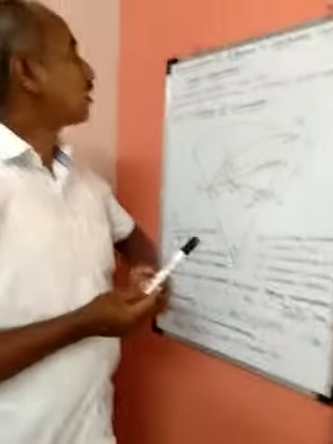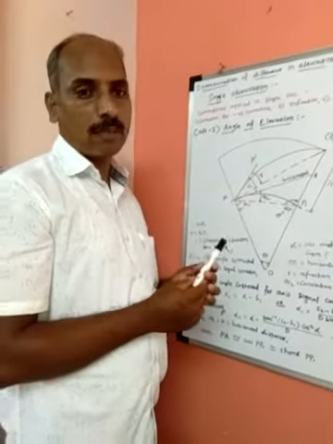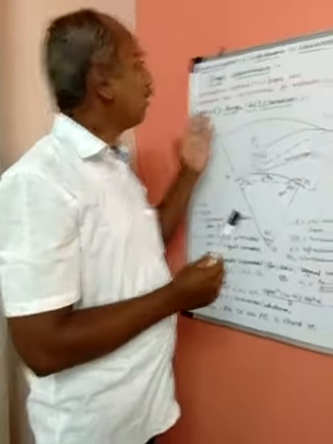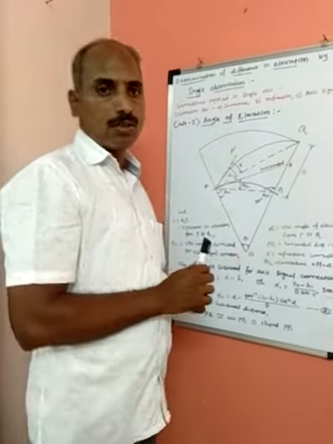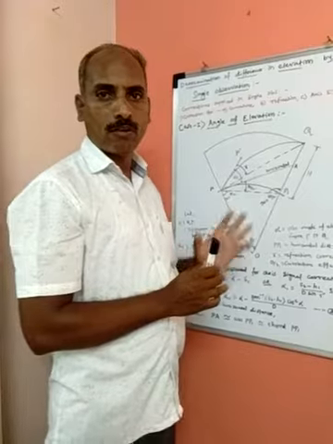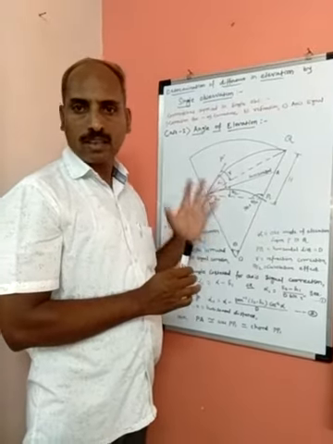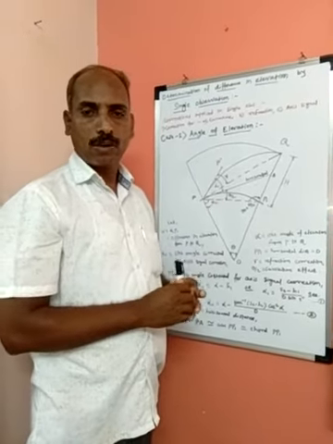So this is today's part, determination of difference in elevation by single observation, where the first case is the angle of elevation. Friends, this is most useful for finding the difference in elevation in case of single observation. Okay, thank you friends.